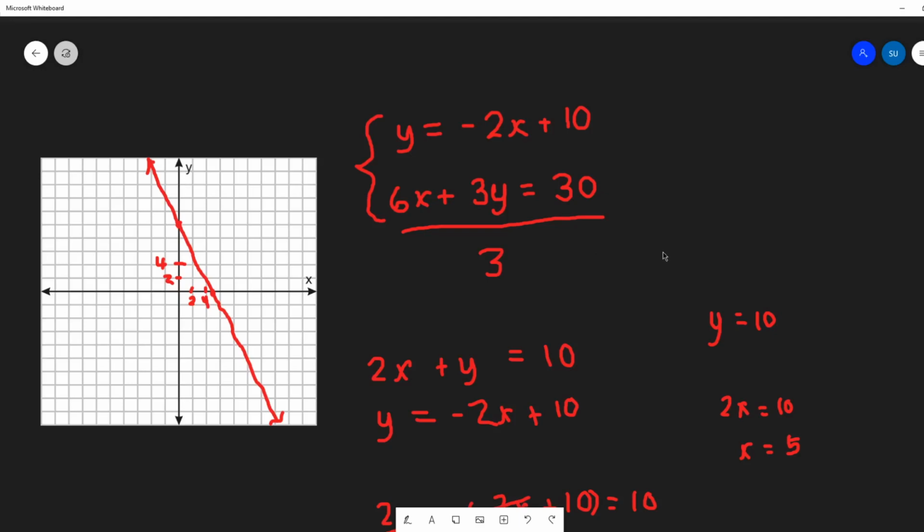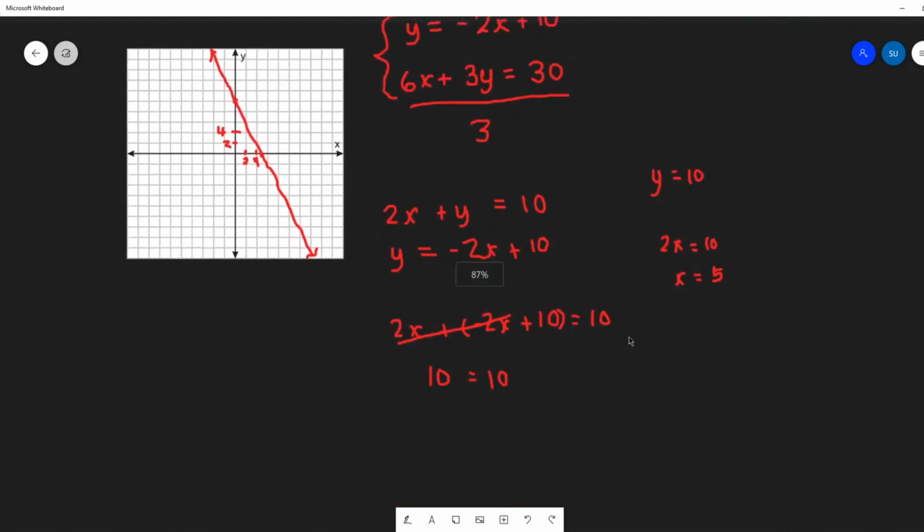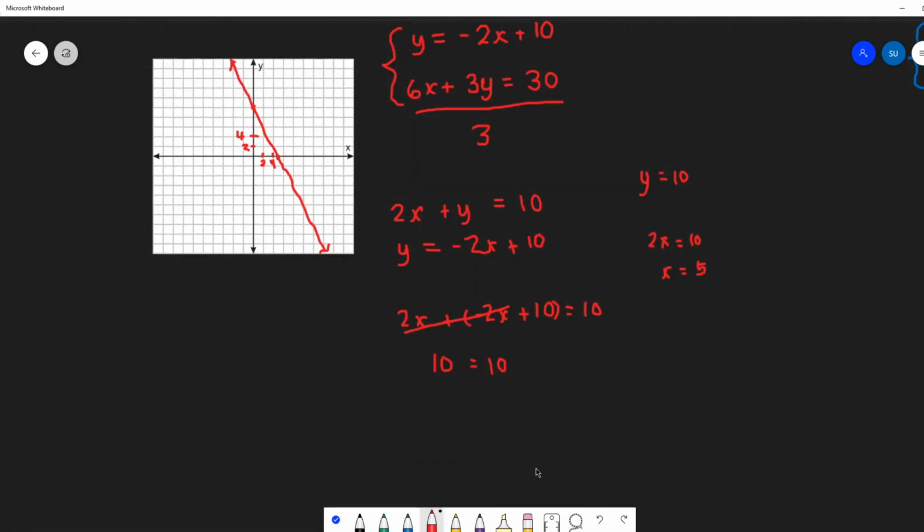Normally, test makers will try to trick you by multiplying one of the equations by a number or a multiple that will make it seem like it's an entirely different equation, but really when you look at it, it's just an altered form of that first equation, just because they multiplied the entire thing by a certain number or divided the entire thing by a certain number. So that is how you detect if a system of equations has all solutions. So for this one, we're just going to write all solutions.